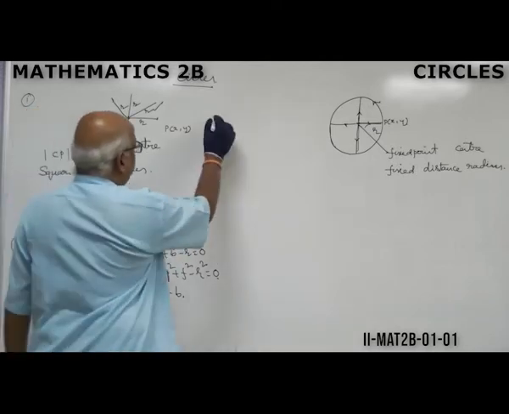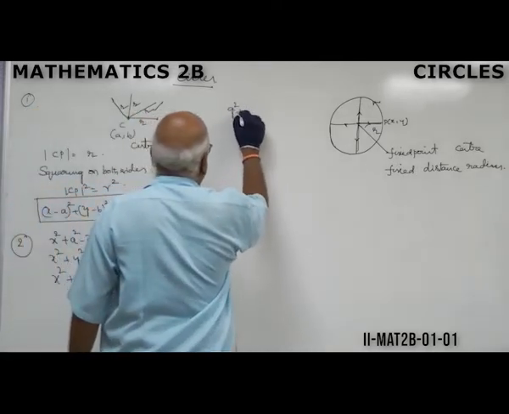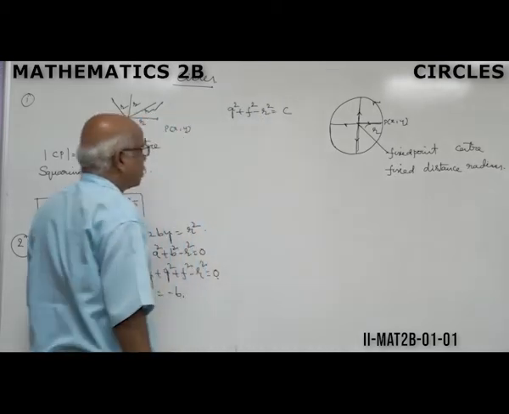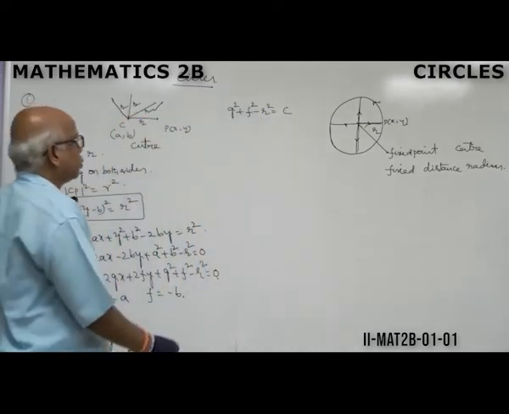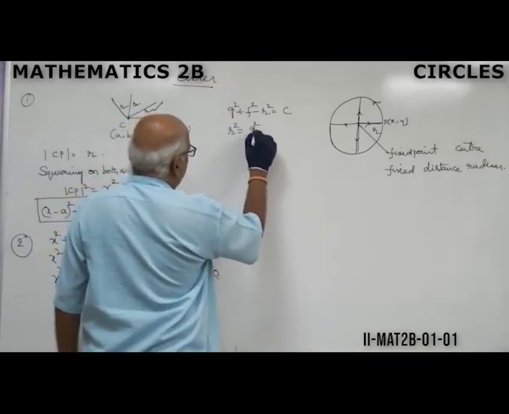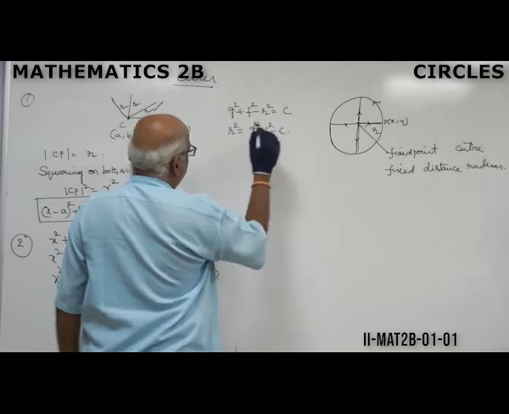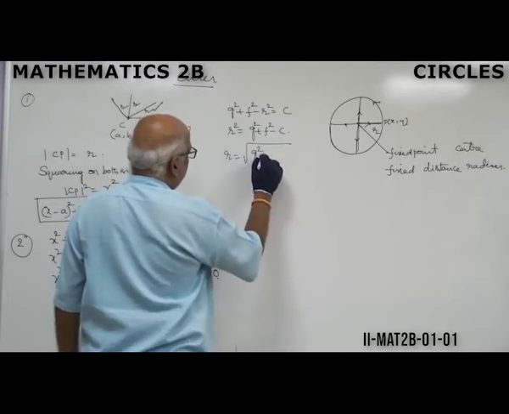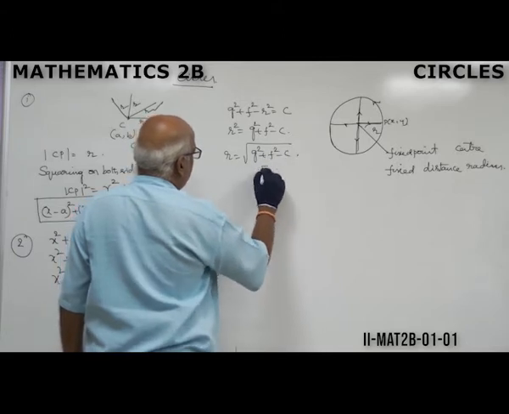Here, g square plus f square minus r square is again a constant. I will name that one c. So from this, r square equals g square plus f square minus c. r equals root of g square plus f square minus c.